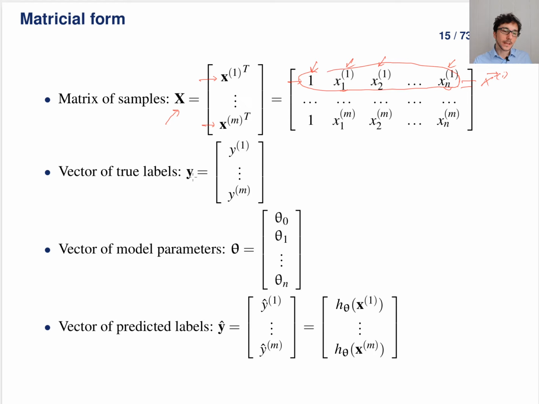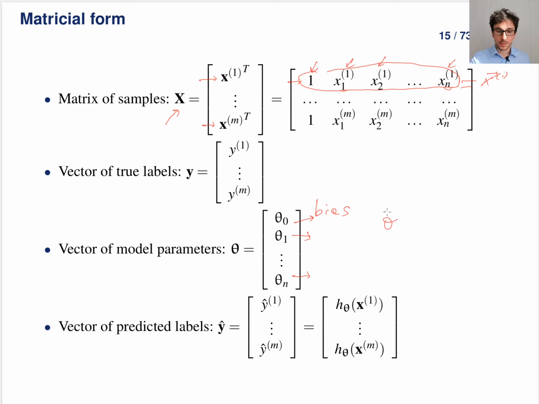Then we also have the vector of the true labels and the vector of the model parameters. Notice that we have one parameter per each feature. Okay, so if you have n features, this is what you get. And we also have an additional parameter, theta 0, that is called bias.